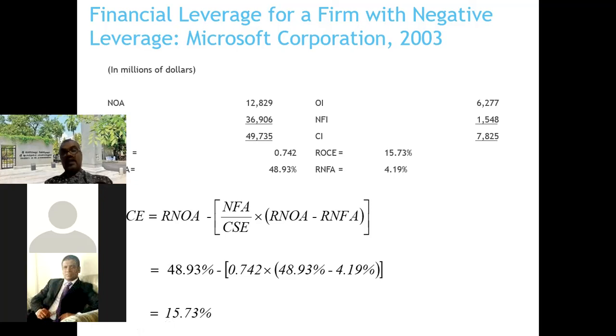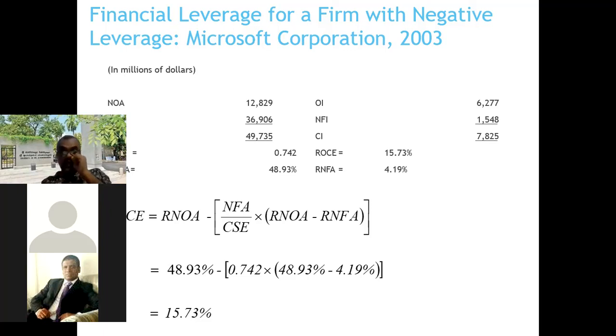What was the reason? By that time, Microsoft was experiencing a huge negative spread, mainly because Microsoft lent lots of its excess cash to related parties at no cost or zero cost, and sometimes held financial assets. As a result, the returns on financial assets were less, and the company experienced negative leverage.